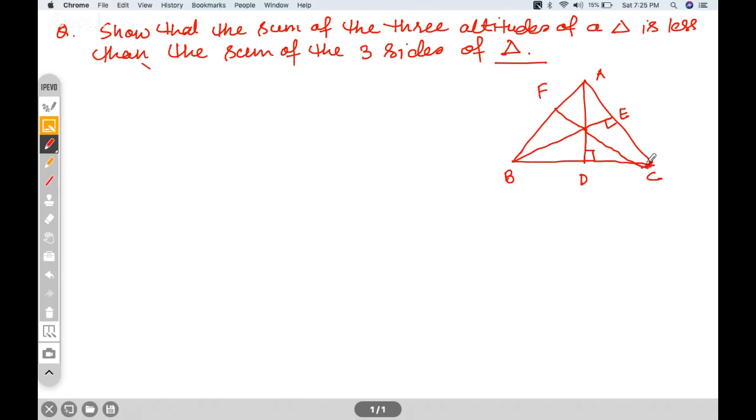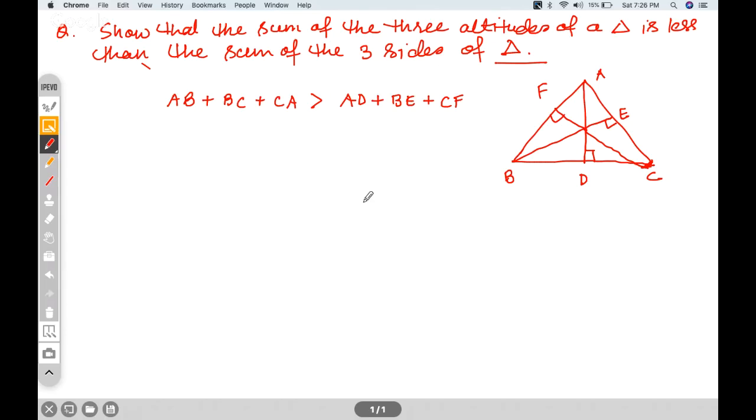So this is going here. So all these are altitudes. I have to prove that AB plus BC plus CA is greater than AD plus BE plus CF.